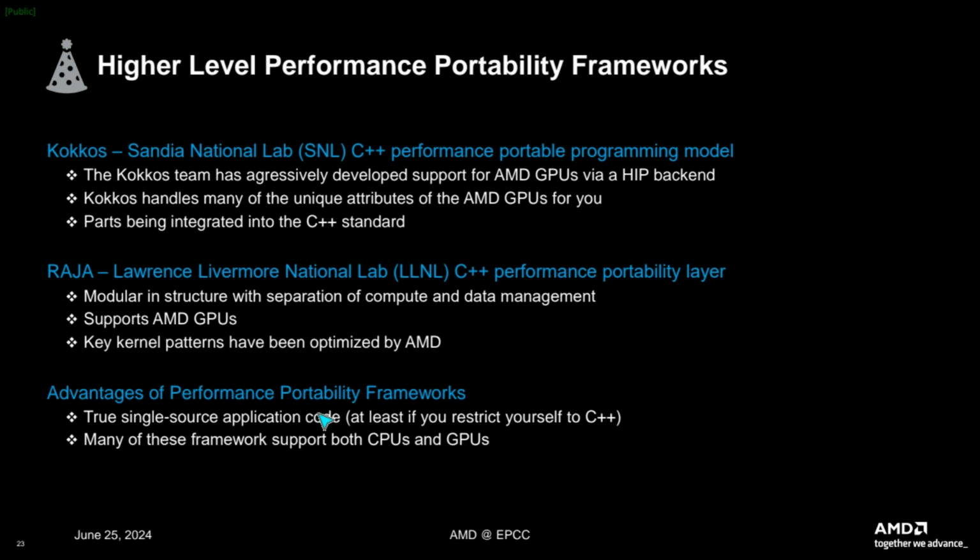And for example, when Aurora comes online, Kokkos adds that capability, and the application doesn't have to do any work to run on Aurora. So tremendous advantage for large code bases, single source that runs on CPU, GPU. But this really only works for C++ codes right now.